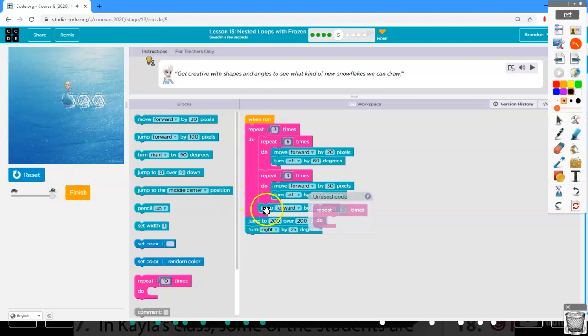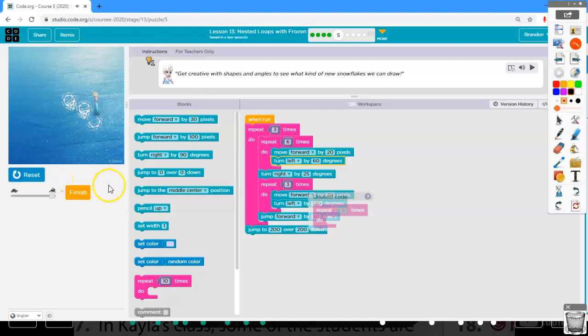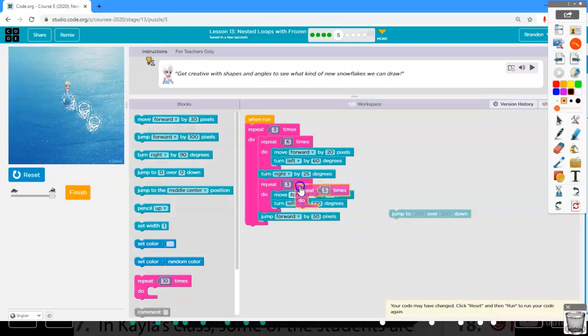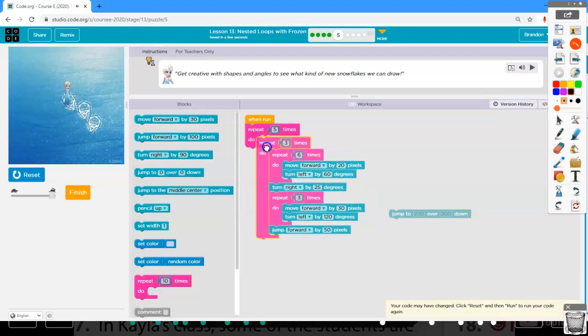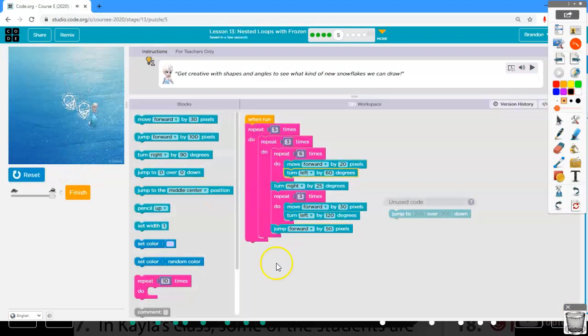So remember, we do want that turn between. So there's a nice one. And now we can repeat the whole entire thing 5 times if we want. Look at that, it's making a giant circle. So these are just some options that we can do.